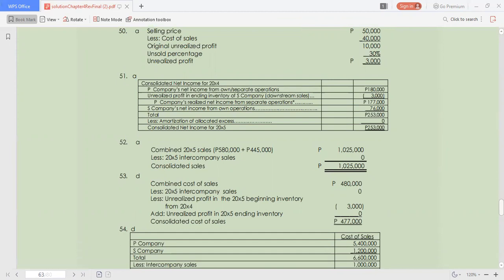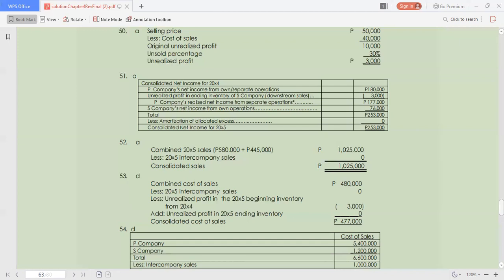By what amount should the inventory be reduced? So 3,000, letter A. Then number 51, for 20x4, consolidated net income will be what amount if the intercompany sale was downstream. So meaning it's a sale from Eagle to Flyway. Now for number 51, we have the consolidated net income for 20x4.